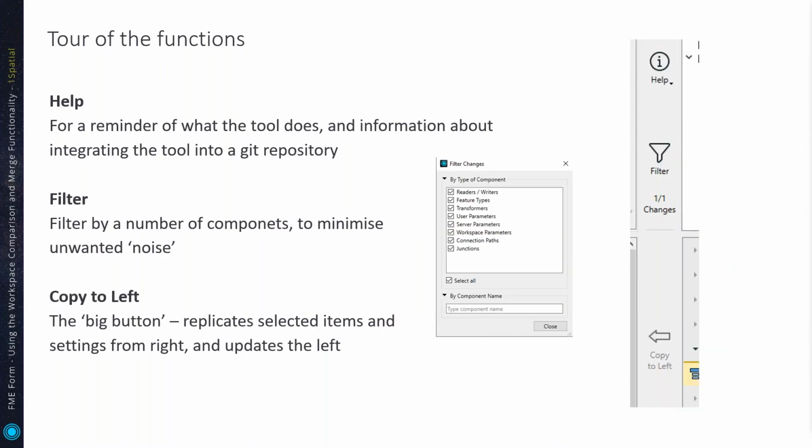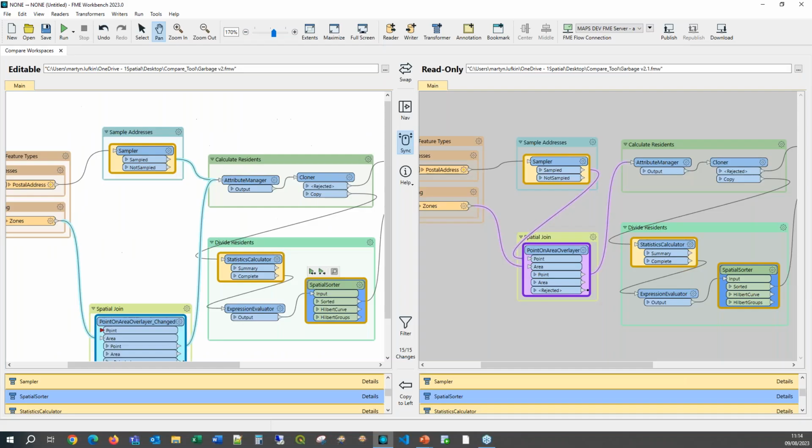So moving a bit further down the center column of buttons, next is the help button. And as per usual, SAFE's help documentation for this functionality is very visible, it's very accessible, and it's great to be able to see it front and center in this tool.